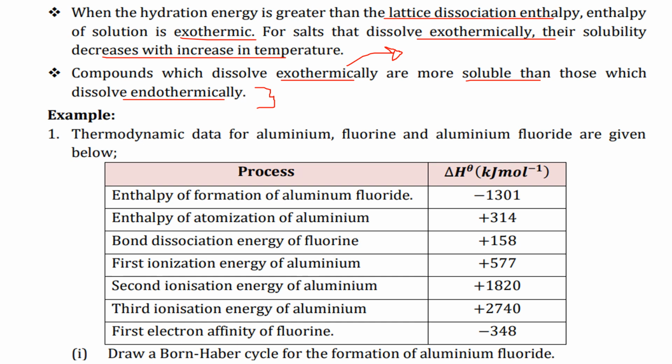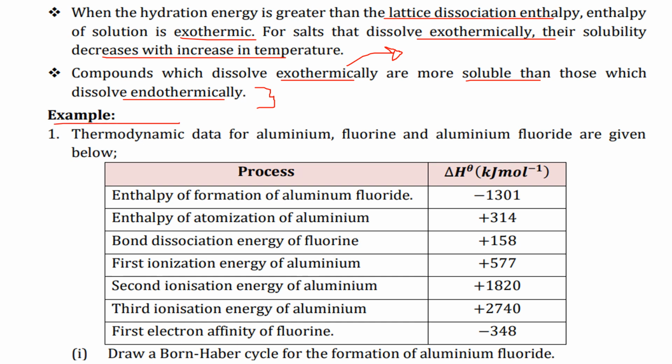If you calculate an enthalpy of solution which is negative, or exothermic, the comment required in part D is that the salt is easily soluble in water, or more soluble in solution. The reason is that the enthalpy of solution is exothermic, or negative. So let's proceed to the given example.